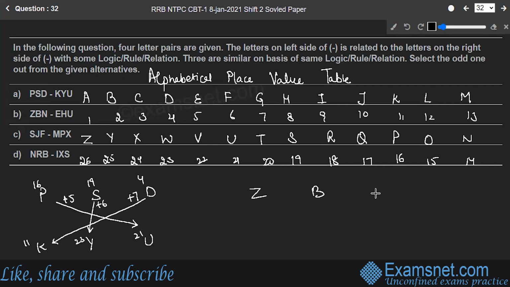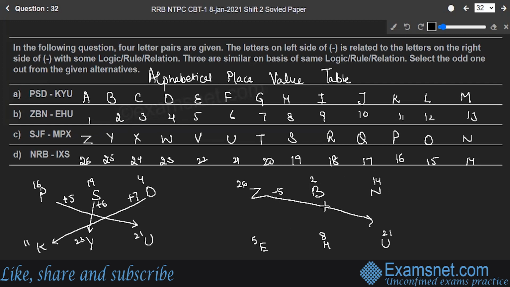ZBN and EHU. Z is at 26, B is at 2, N is at 14, E is at 5, H is at 8, U is at 21. So let's go with this. Here I have 26 to 21, minus 5.